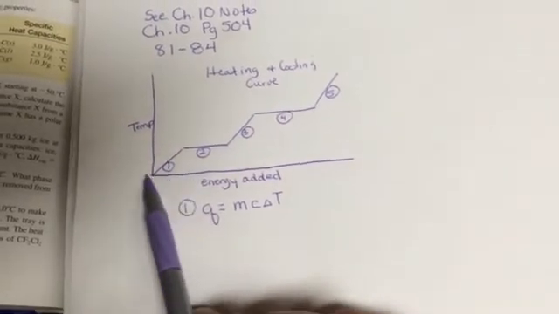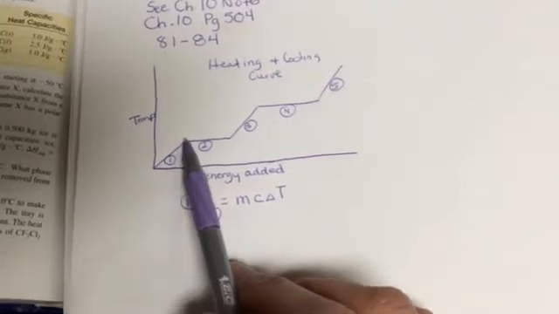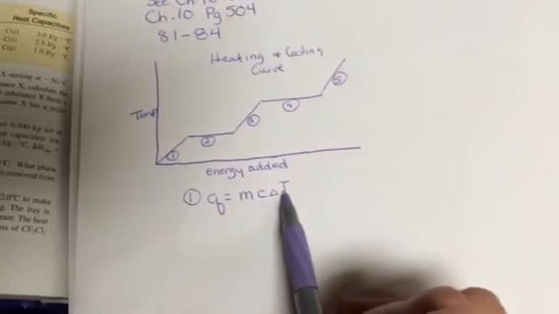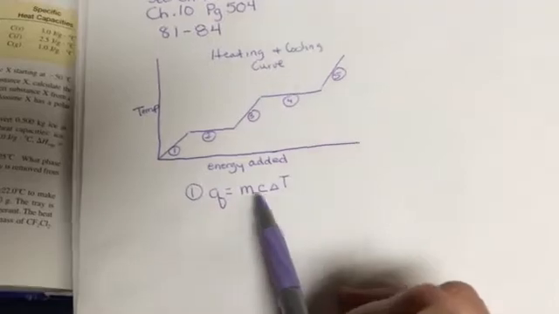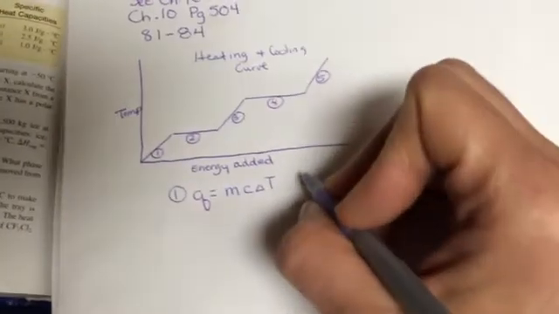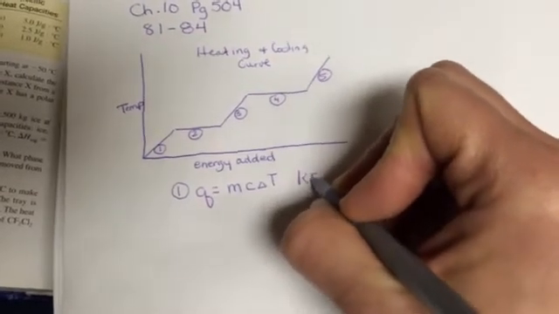If you look at the curve, you're starting at a low temperature and going to a new, higher temperature. Anytime you have a temperature change and you know the mass and the specific heat of the substance, you can use Q = mcΔT. This also represents that the particles here are changing their kinetic energy. Just want to note that.